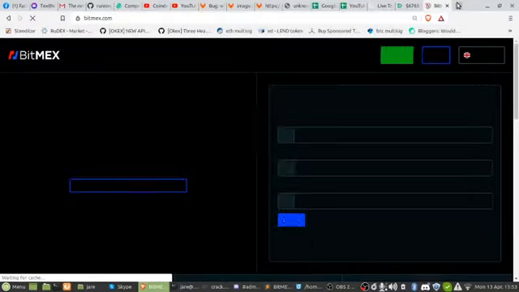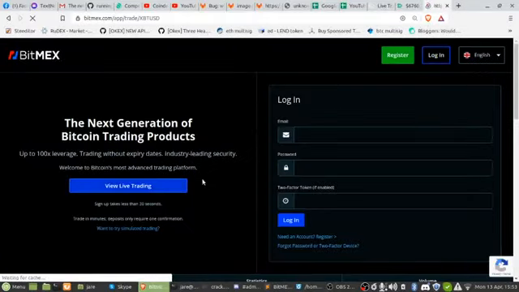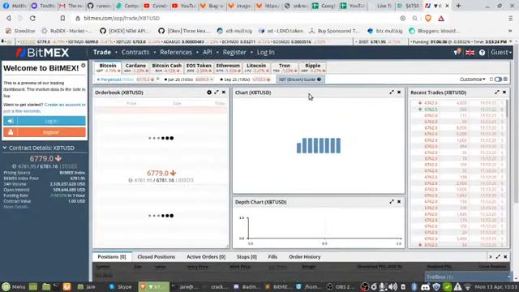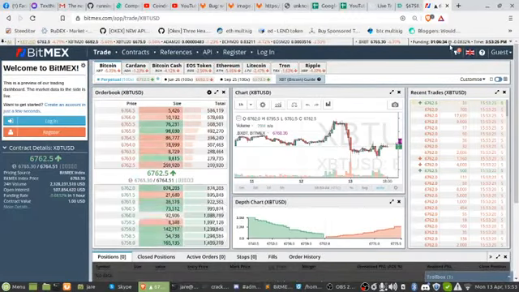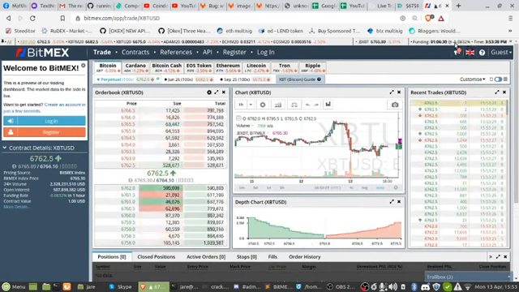So if we take a look at BitMEX, we can see that if the price diverges from the mark price significantly, the funding rate goes up or down according to whether we want to bring the price back up or down to meet the spot price.